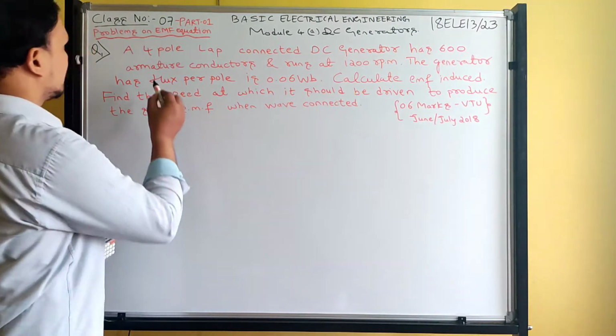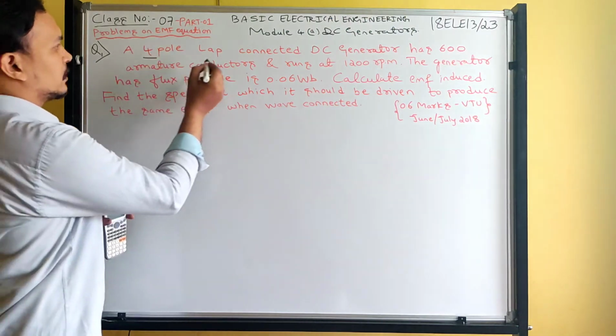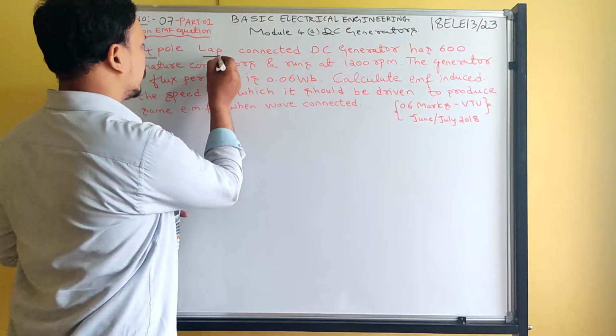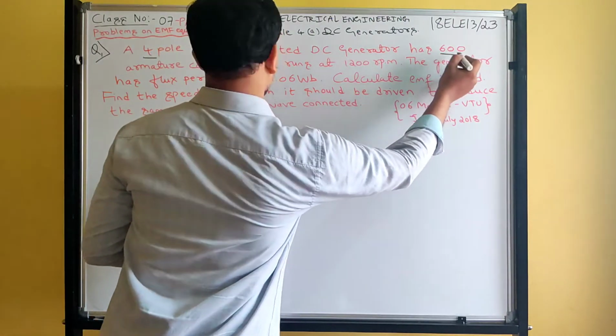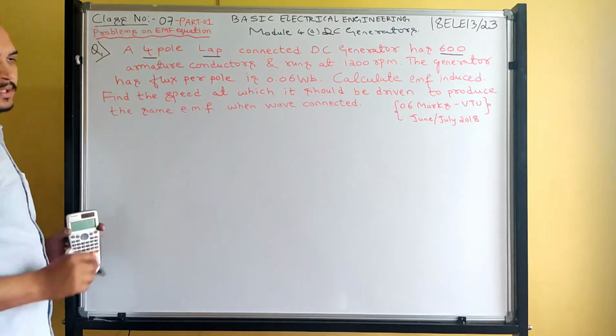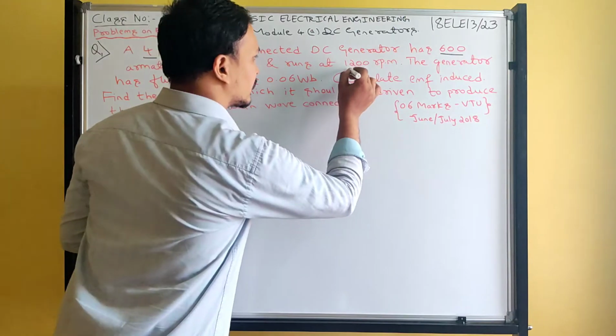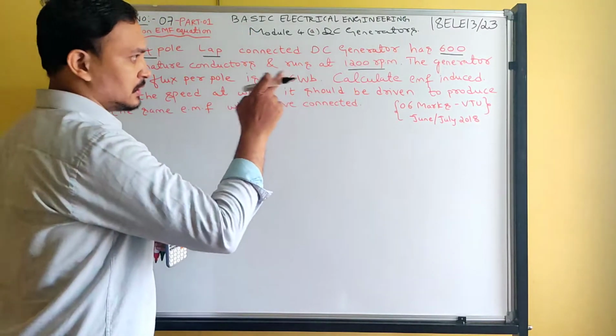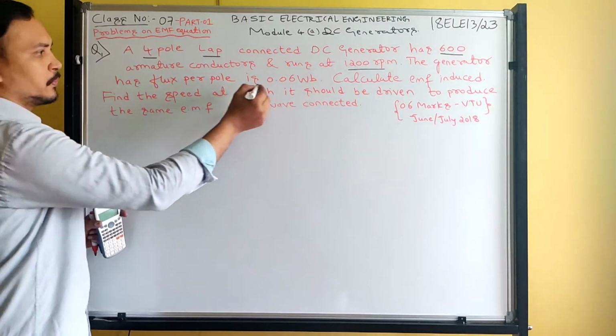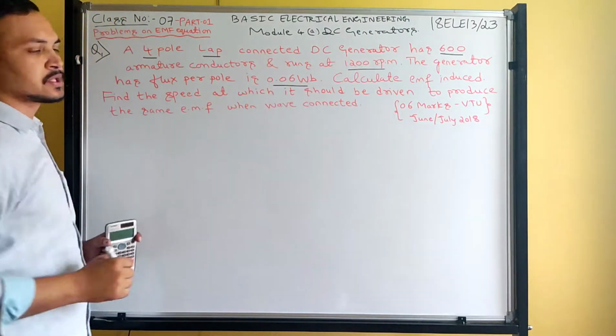A 4-pole lap connected DC generator has 600 armature conductors and runs at 1200 RPM. The generator has a flux per pole of 0.06 Weber.